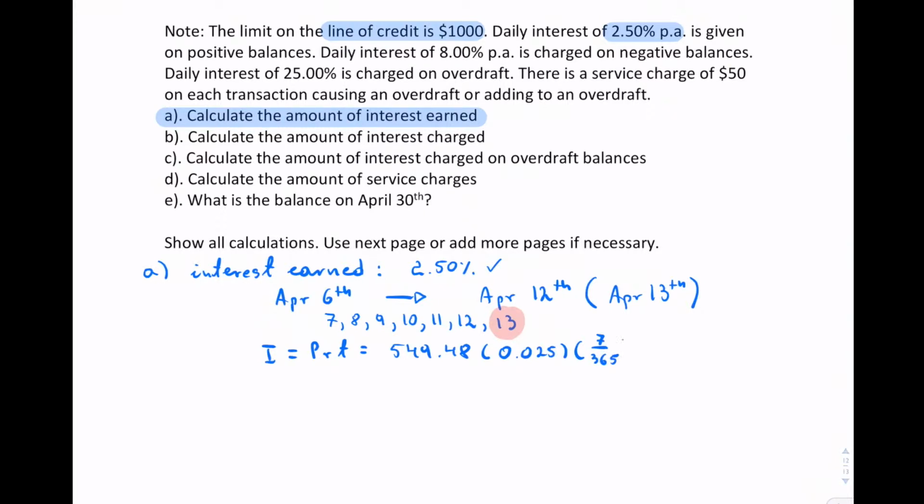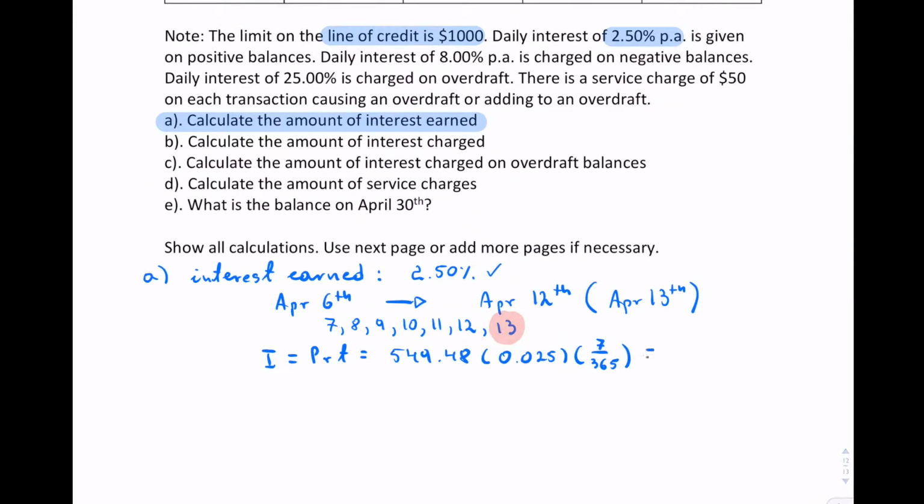Don't forget, we have to divide, and then we have to round it to the penny. Let's multiply it through. It's not going to be a lot for us. This is only 26 cents that we're going to earn. That was part A.